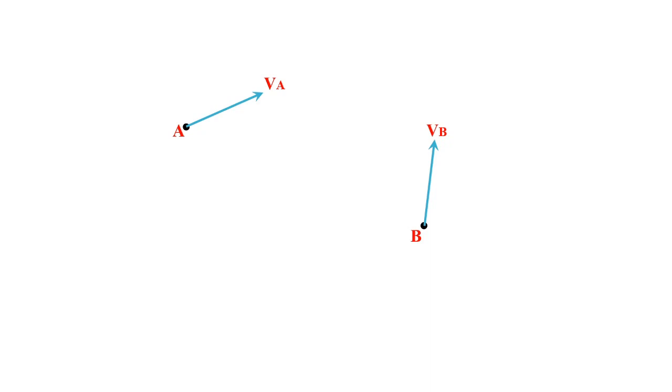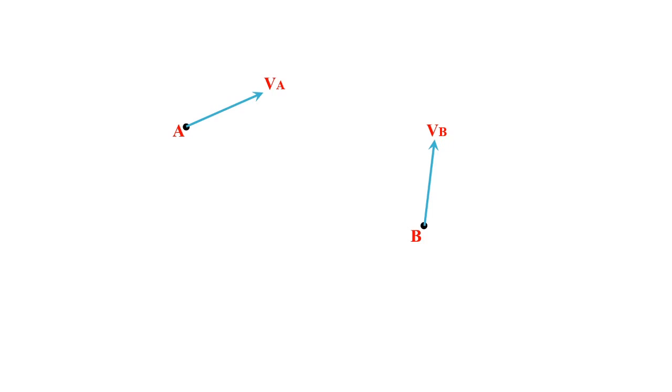Now suppose this is a rotation. Where will the center of rotation be? If A or B is rotating, where will the center be? Remember the previous slide. When we have the center of rotation and the rotating direction, we draw the velocity. Now we do the reverse: we have the velocity, so where will the center of rotation be?